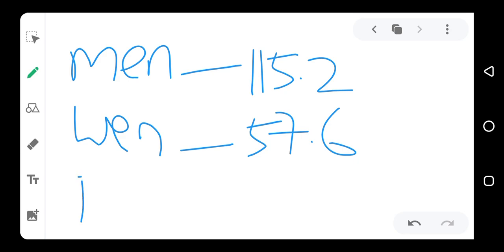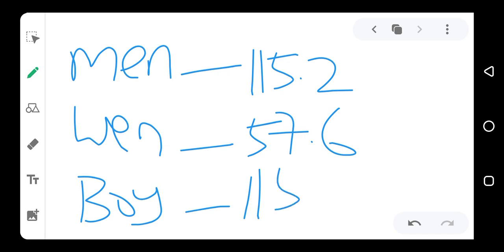For boys, we divide 8 by 25 and multiply by 360, so we have again 115.2.